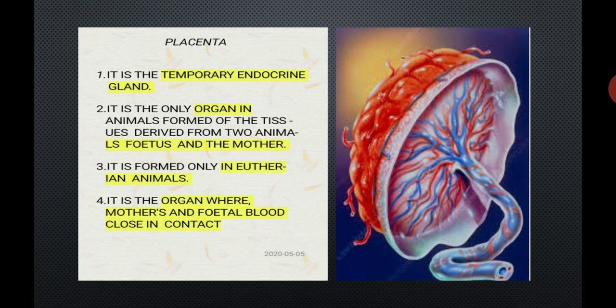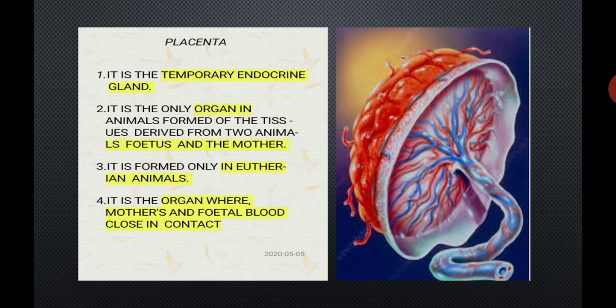So what is the definition of a placenta? Placenta is the only organ in animals formed of tissue, and that tissue is derived from two animals.